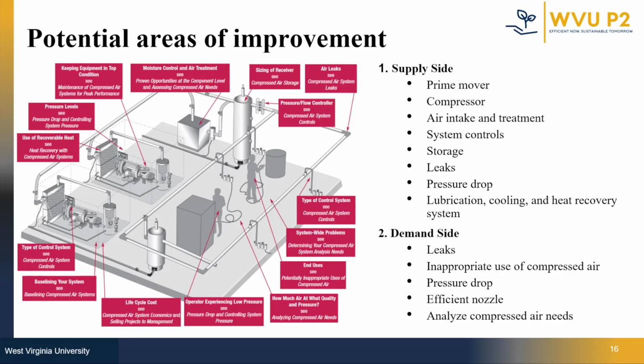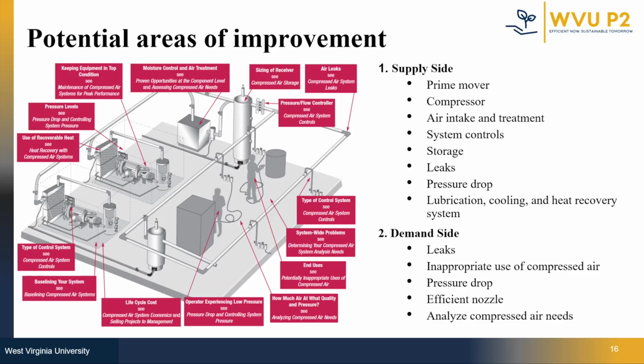Addressing leaks and pressure drop here is critical since even small inefficiencies quickly multiply into large energy losses. And let's not forget about heat recovery, which is often overlooked, but it can capture a large amount of waste heat and put it to good use elsewhere in the facility.